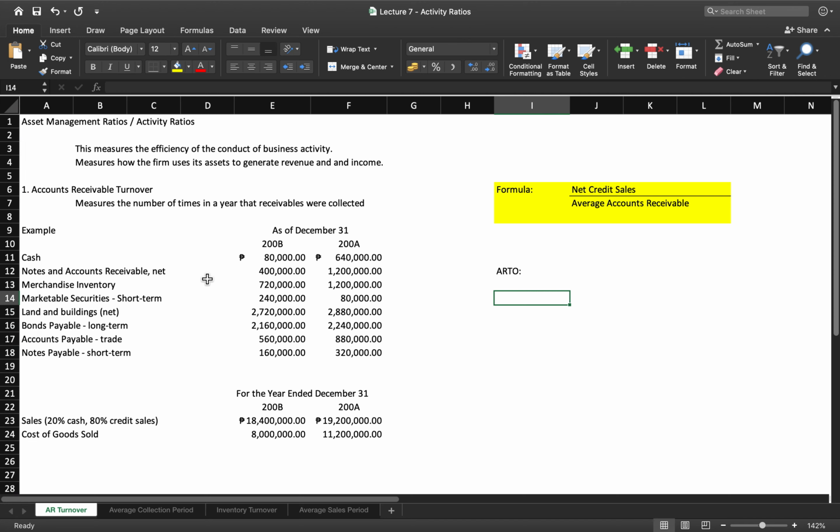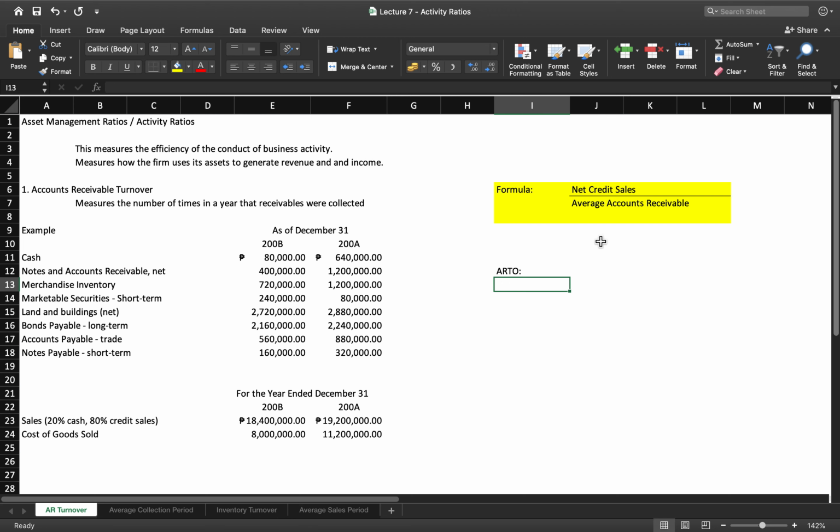So in our problem here, in the information that was given to us, it says sales are 20% cash, 80% credit sales. So this might be the 100% sales, comprising cash sales and credit sales.